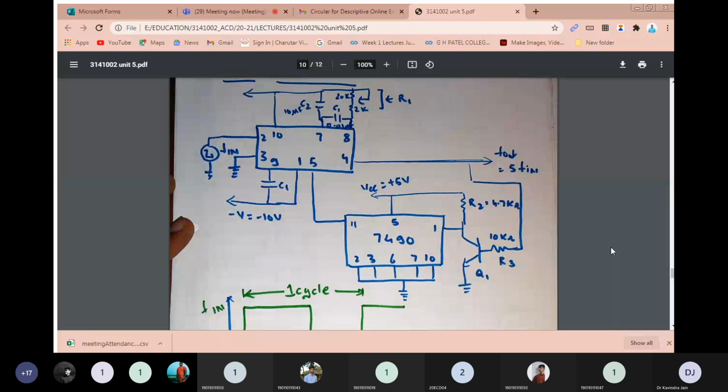I request everyone to kindly draw this circuit. Capacitor C1 is 0.01 microfarad. Capacitor C2 is 10 microfarad. Once you have drawn the circuit, please let me know so that I can explain the frequency multiplier as an application.